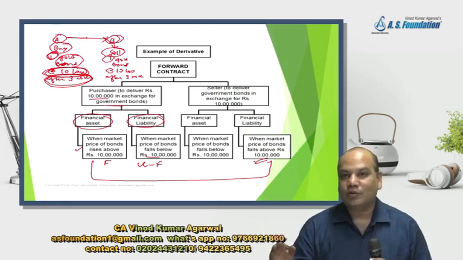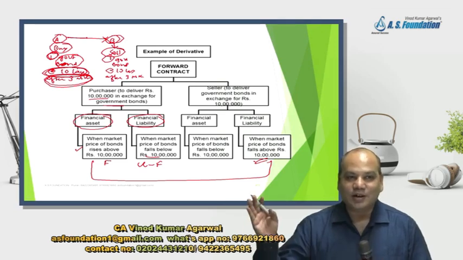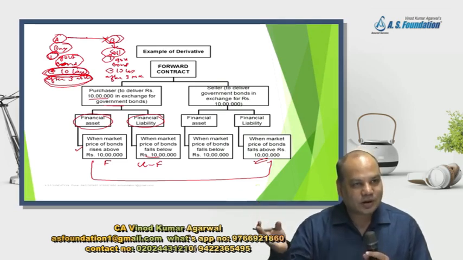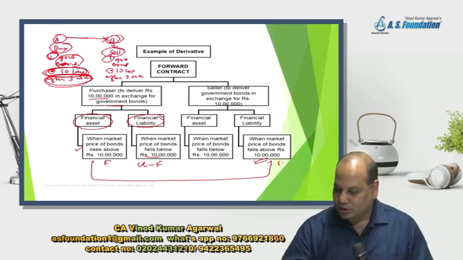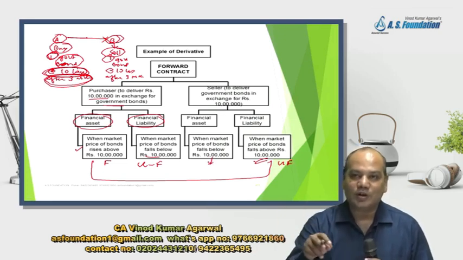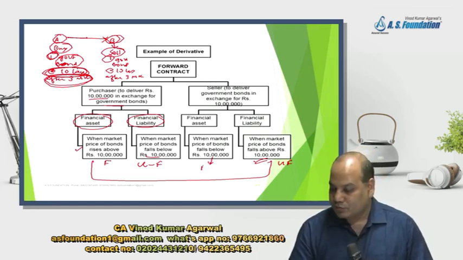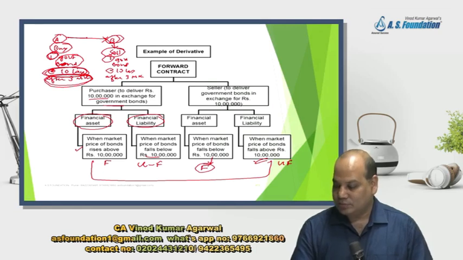So will he cry or will he be happy? Cry. Because he still has to deliver at 10 lakh, but the market value of that bond is 11 lakh. So the contract has become unfavorable for him. But if the market price falls below rupees 10 lakh, the contract has become favorable. He will deliver at 10 lakh only.